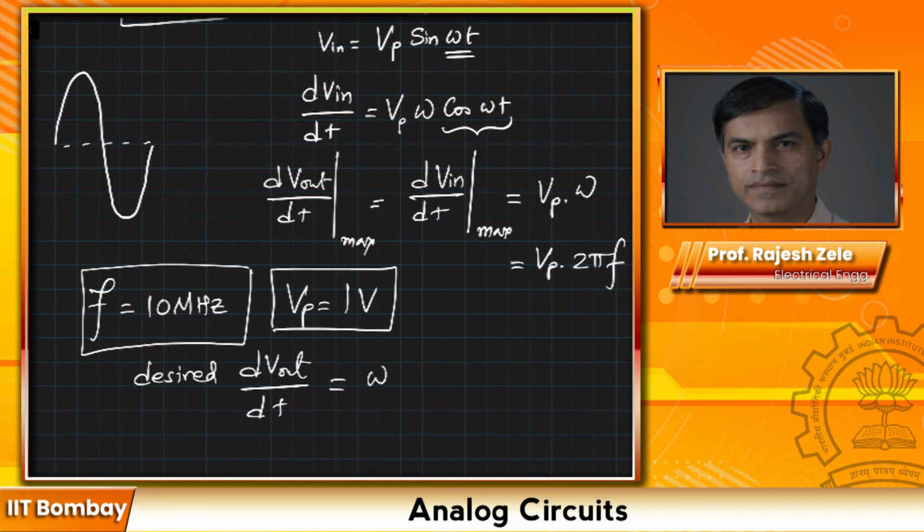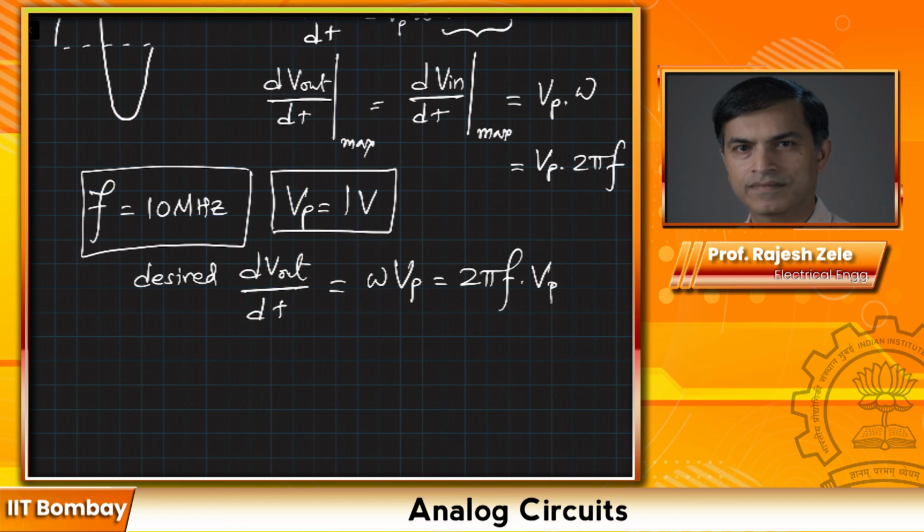So let's substitute the values. dVout/dt will be equal to 2 pi times the frequency, 10 megahertz, which is 10 to the power 6 multiplied by 10, multiplied by 1 volt. That comes out to be 20 pi volts per microsecond.